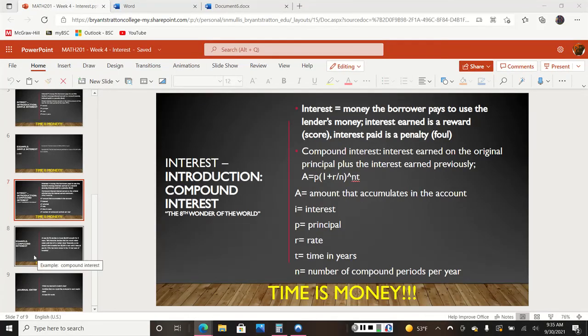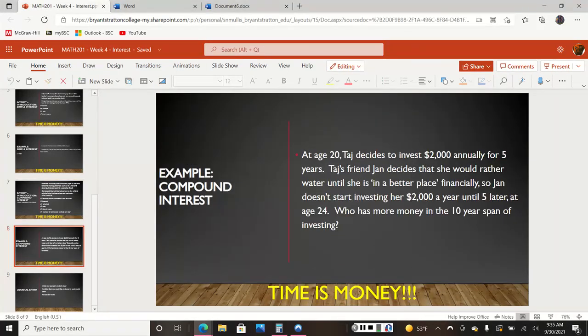As we do with all of our definitions and terms in math, we have to do some type of example to hopefully give you an idea of what that definition means and what that equation is used for. So in this example, it says at age 20, Taj decides to invest $2,000 annually for 5 years.